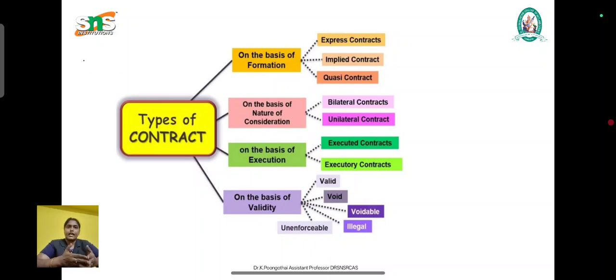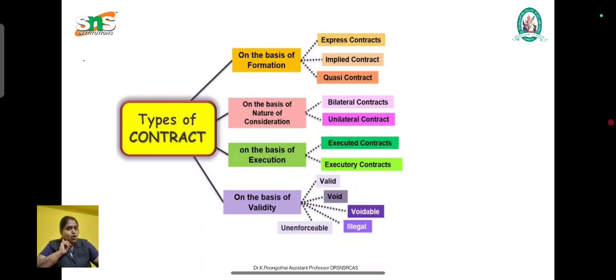So that is known as an executed contract, fully performed, no obligations remain. The next thing is executory contract, a contract where obligations are still pending. Example, agreeing to deliver goods next month. There is still something pending, performance involved or duties remain incomplete. So that is known as an executory contract.